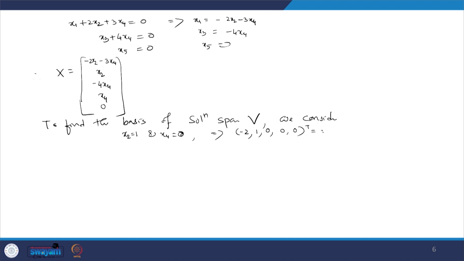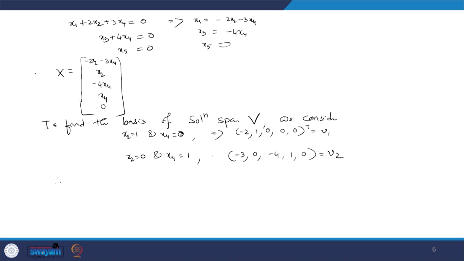Let me call it v1. Now again, putting x2 equal to 0 and x4 equal to 1, this will give me minus 3, 0, minus 4, 1 and 0. Let me write this as V2.